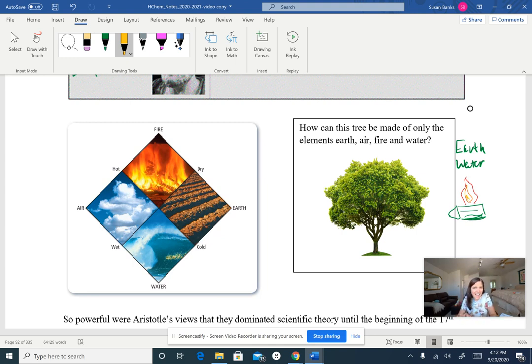And you get ash coming off of that as well. And ash, doesn't ash kind of look like earth? And we start that whole cycle again with earth, water, wind, and fire. So that's what they were able to observe in ancient Greece.